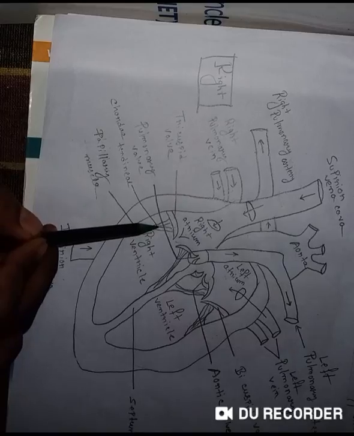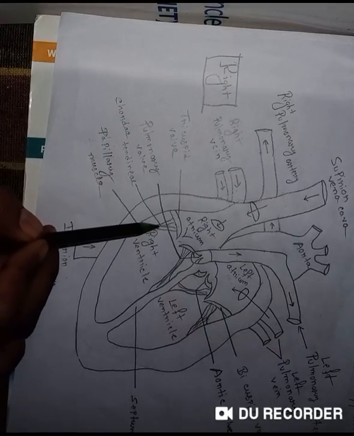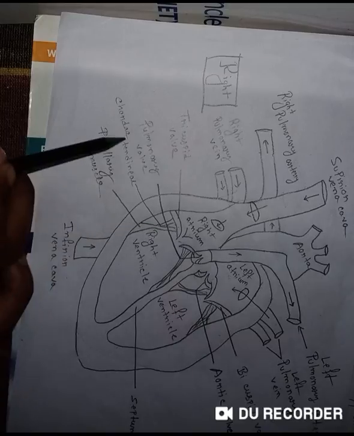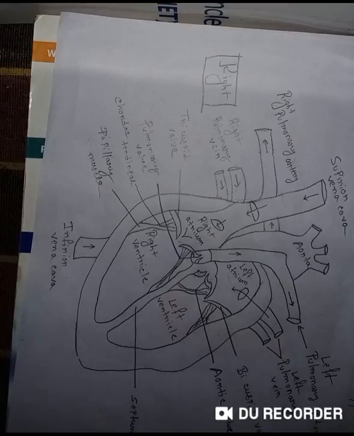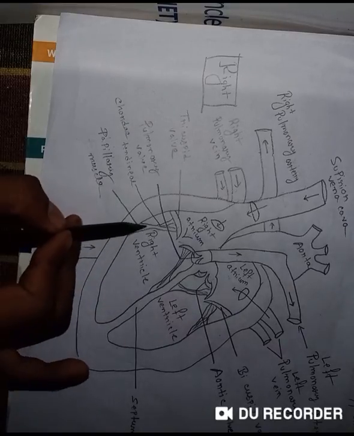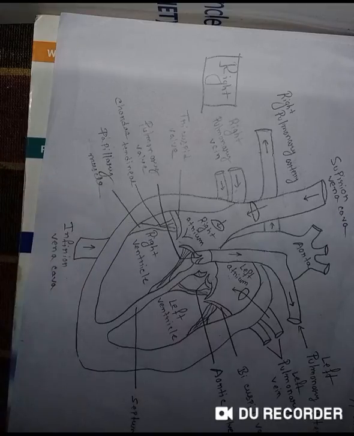The lower one is the papillary muscle, and it continues with the chordae tendineae and joins the leaf of the valves, both sides. Because of the contraction of the chordae tendineae and the papillary muscle, the leaflets open and close. So it regulates the opening and closing of the valves on both sides. This is the function of the papillary muscle and chordae tendineae.